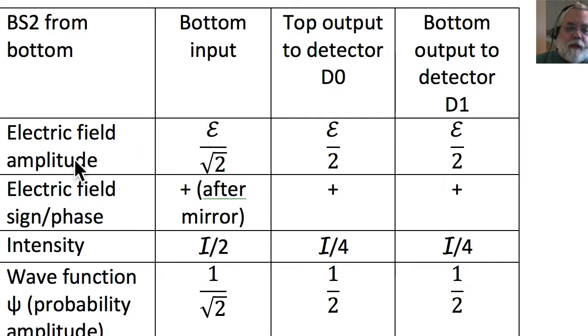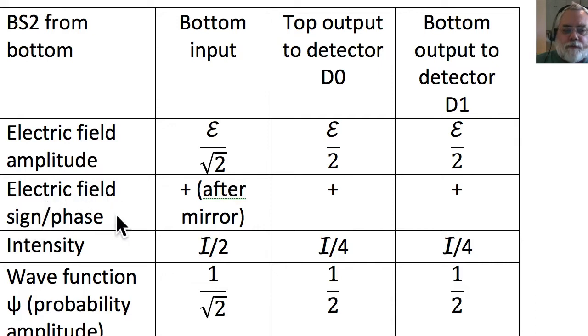The electric field amplitude was E over square root of 2 in the bottom path. And this gets multiplied by 1 over square root of 2 to give an electric field amplitude of E over 2 for both heading to detector D0 and heading to detector D1.